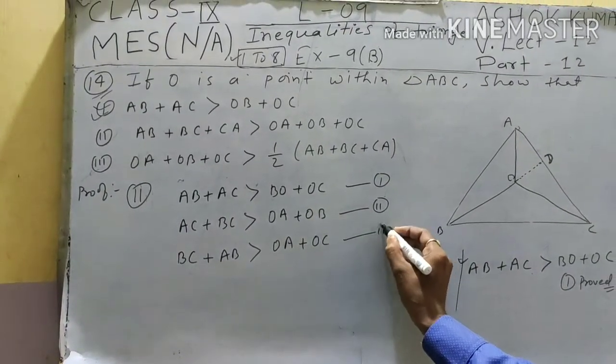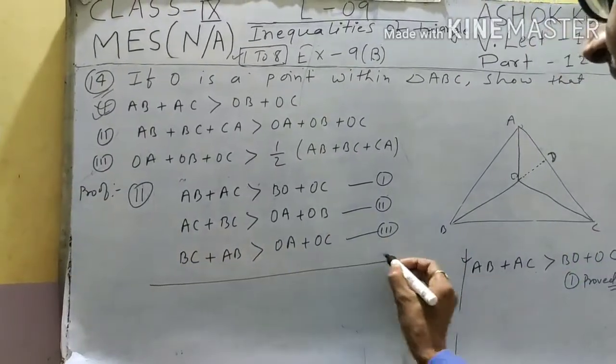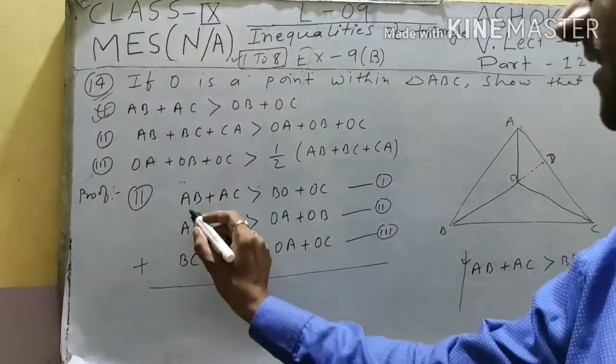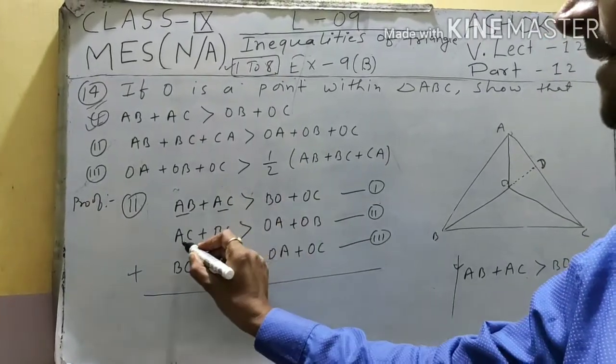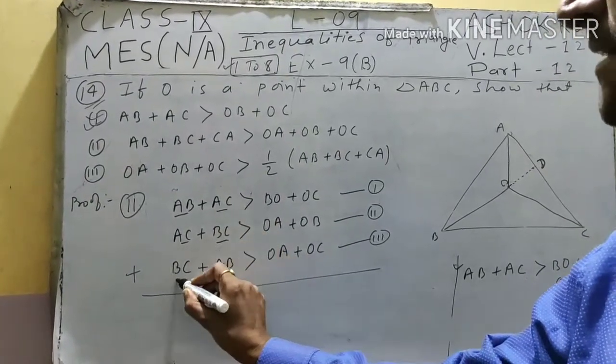This is equation third. Here student, adding these three equations, AB 2 times, AC 2 times, BC 2 times.